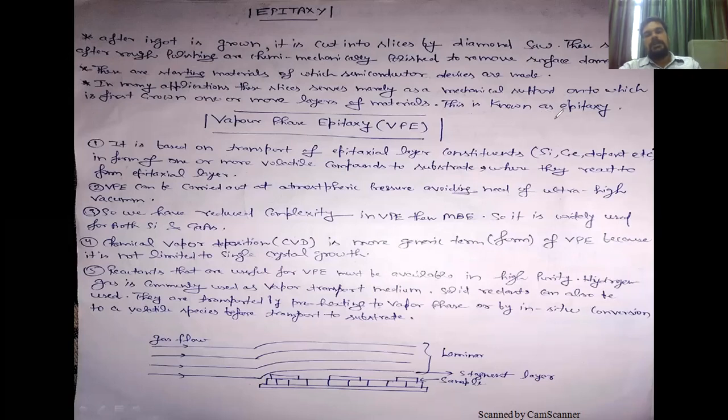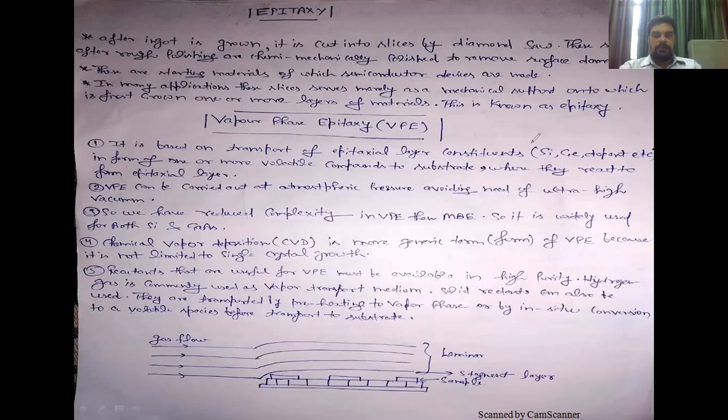This is a very small pressure, and we were using two pumps simultaneously. That process was very hectic, time consuming, and costly. There is nothing like that in vapor phase epitaxy.